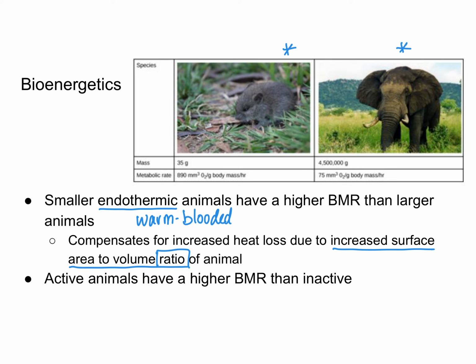So larger animals, because they have less surface area per unit volume, are able to retain heat better, and so they can have a lower metabolic rate. Active animals are also going to have a higher BMR than inactive animals, and that makes sense because they need more energy. They need to be able to convert their nutrients into energy faster.